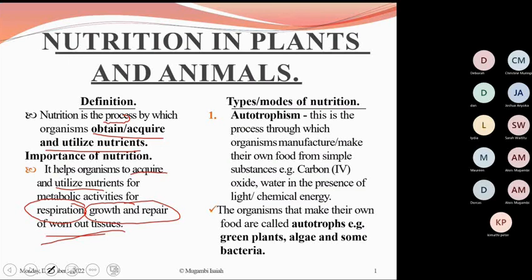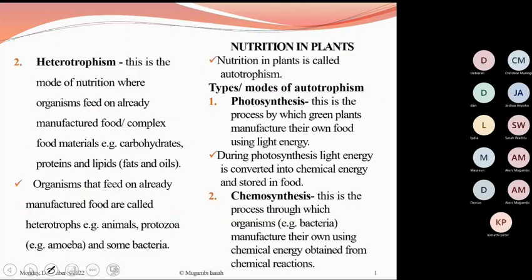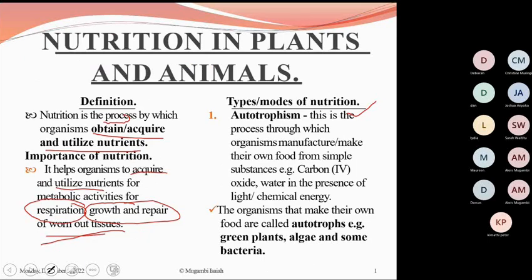So let's go now to types and modes of nutrition. We have two types of nutrition, and this one we said in Form 1. I just want to recap very fast.